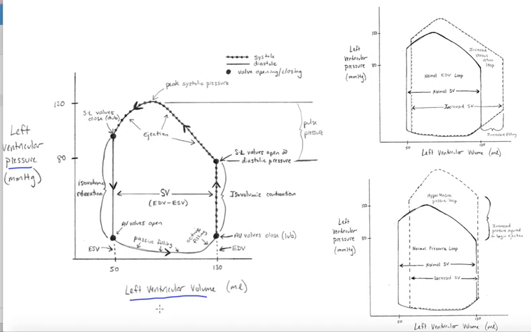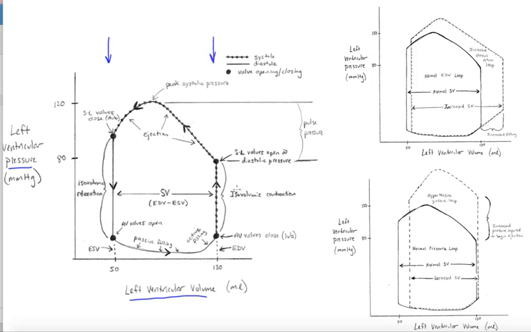Okay, so let's start with the volume. We're going to be going left to right here, because we said counterclockwise, and so initially we're going to start on the bottom. We can see there are two points, here and here, where the volume stays the same.